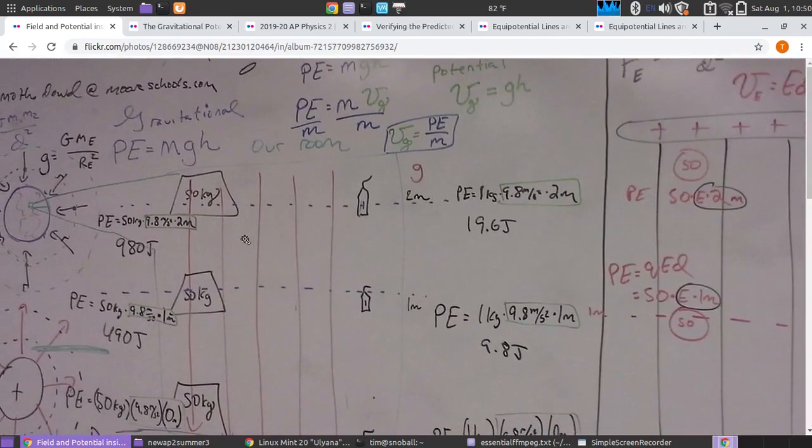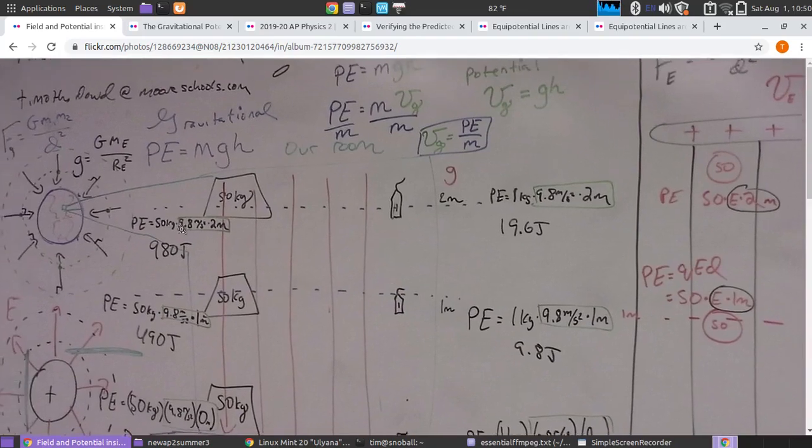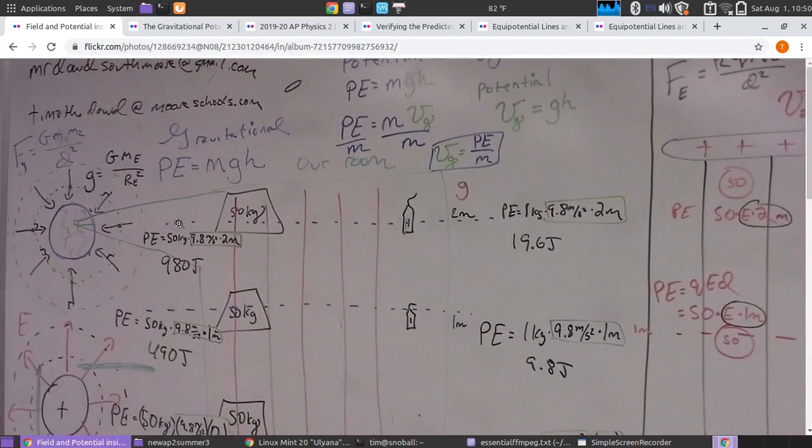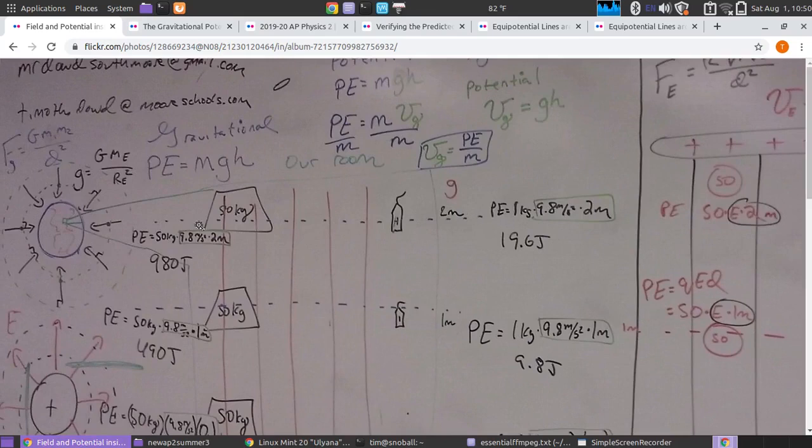So this is just like the relationship between gravitational force and gravitational field. We had a part that depended on the object itself and a part that depended on the location. Well, look at the potential energy calculation. Part depends on the object and the rest depends on location.